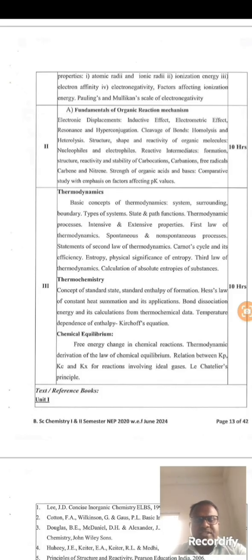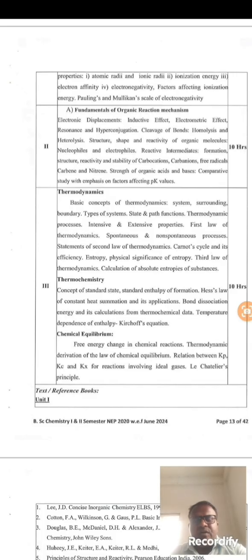Then in the third chapter, the third topic is chemical equilibrium. The contents of chemical equilibrium are free energy change in chemical reactions, thermodynamic derivation of laws of chemical equilibrium, relation between Kp, Kx, and Kc for reactions involving ideal gases, Le Chatelier's principle.